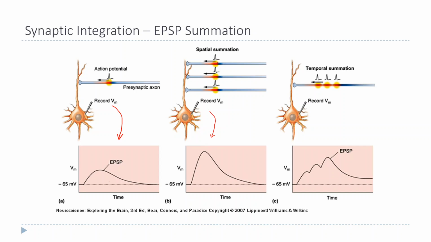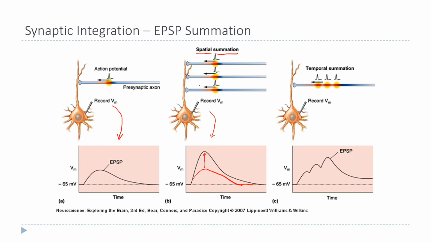So all three basically produce an action potential that travels down each axon and hits each synapse at about the same time. And what you see when that happens is that the size of the EPSP is greater. So again, if this was roughly the size of the EPSP of just the single synapse, this now is the increase in the postsynaptic potential caused by multiple synapses being activated simultaneously. This is called spatial summation.